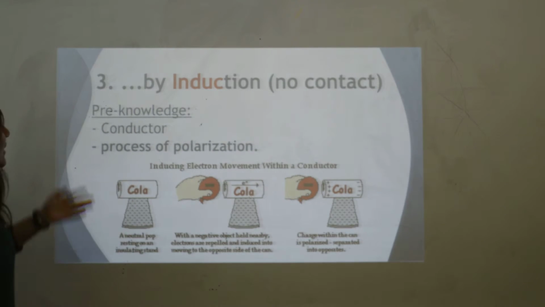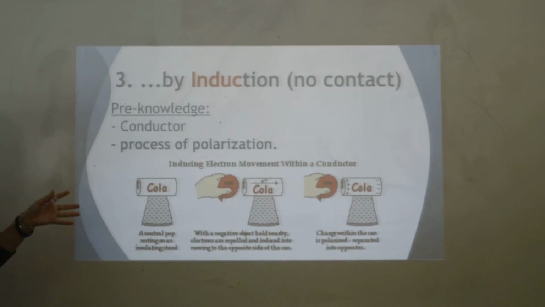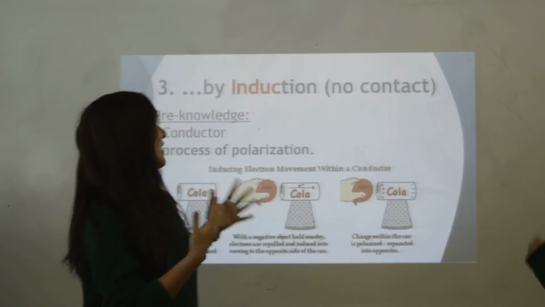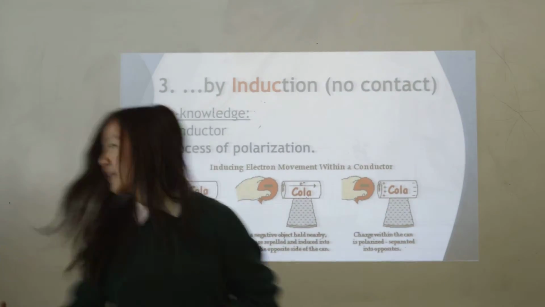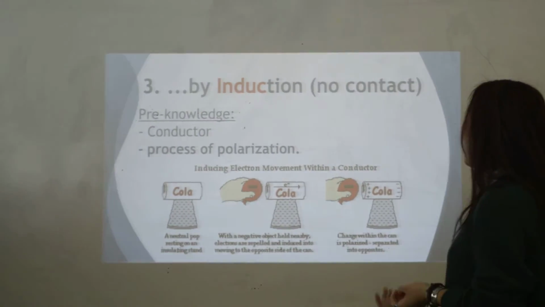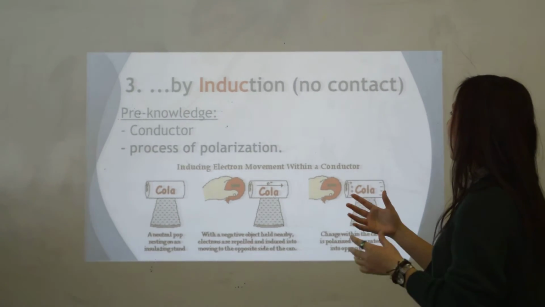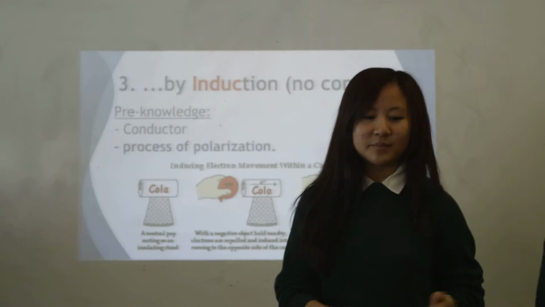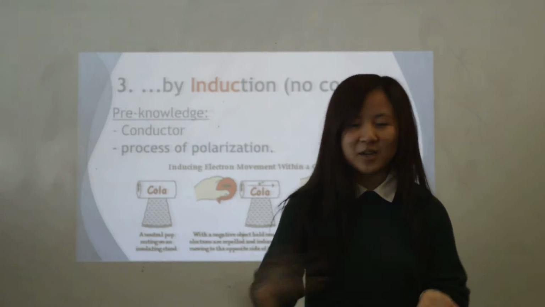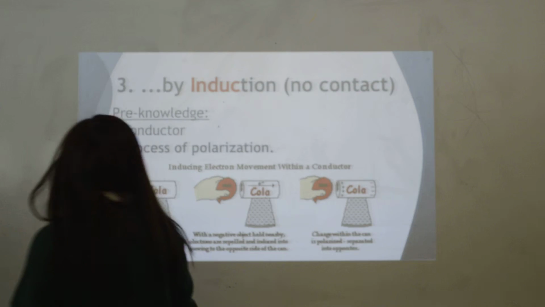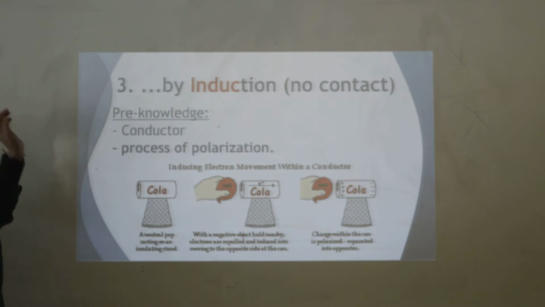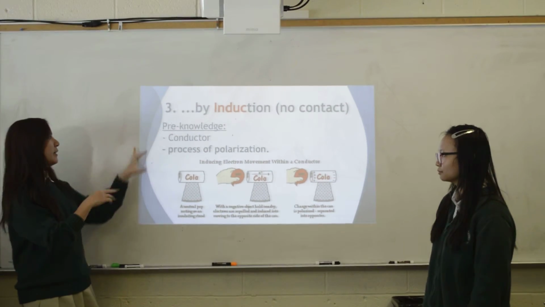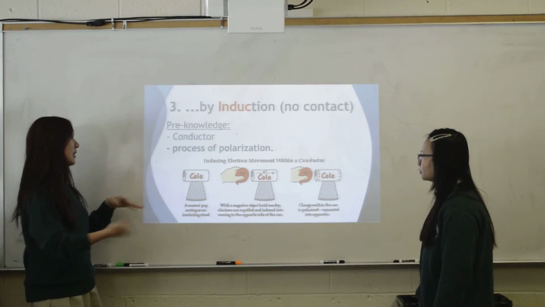So the third method is charging by induction. Similar to charging by conduction, the only difference is that there is no physical contact between object A and object B. In order to understand the concept, you need to know two required concepts, which Lucy basically touched on.